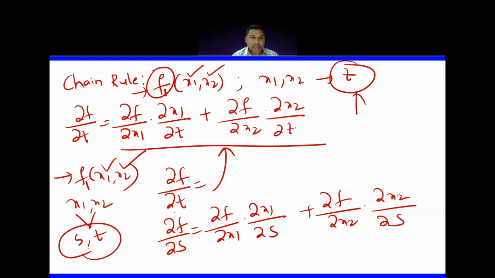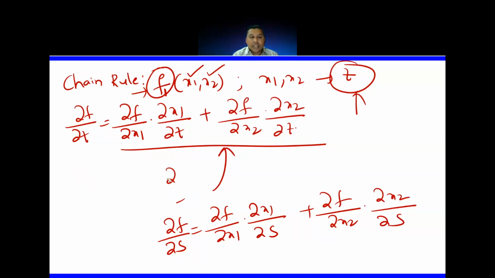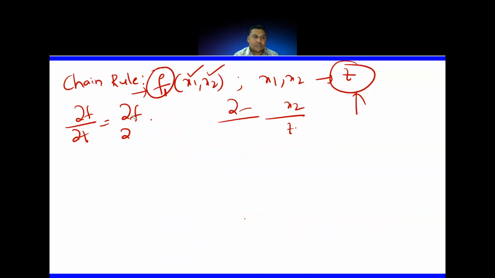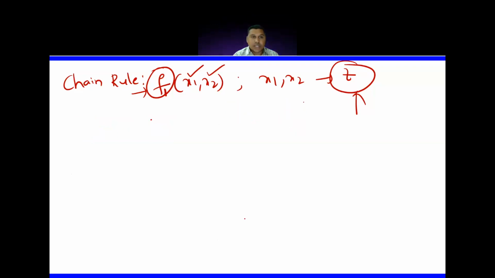Now let's take another case. Advancing more, we will make it a little complex. The same chain rule we will try to apply. See, I said there is a function f1 which is dependent on two variables x1, x2. Both these x1, x2 are dependent on s and t.